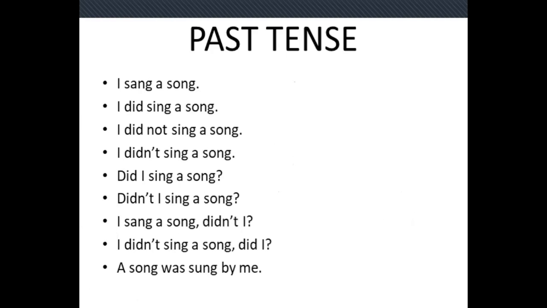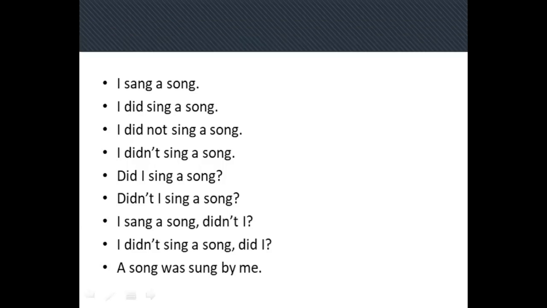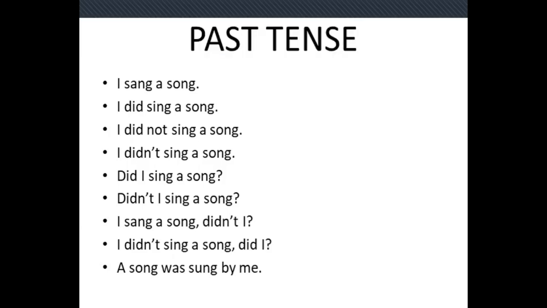So after the subject, the second form of the verb, next object, that is past tense. So subject plus V2 plus object is equal to subject plus did plus V1 plus object. That is the structure. So as per the structure, let's change this sentence "I sang a song" into "I did sing a song."